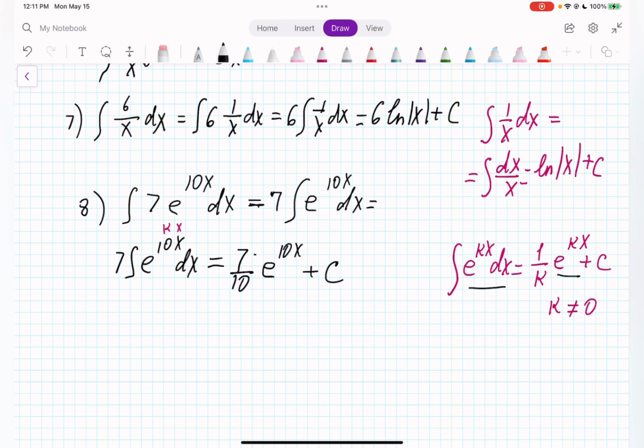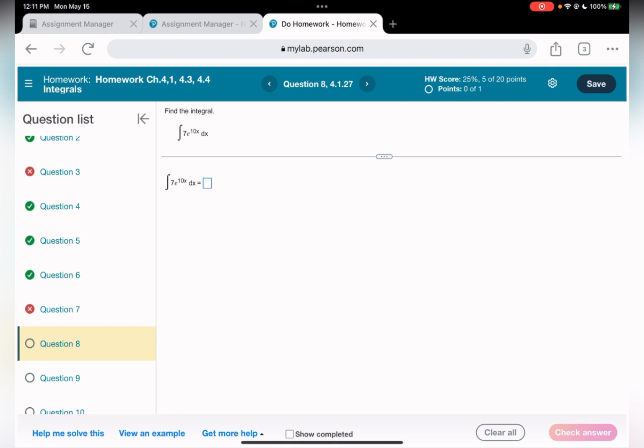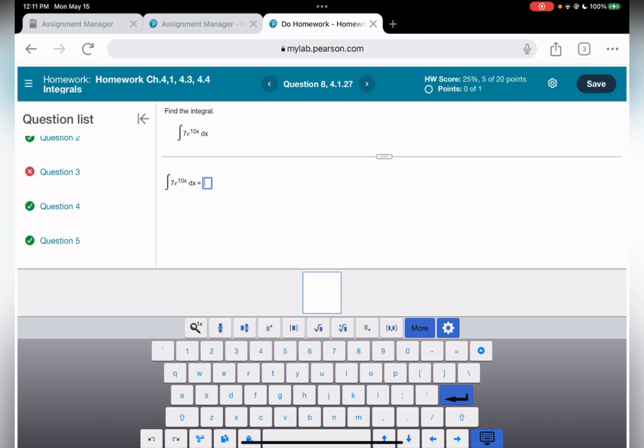Okay, let's place this answer here and see what we got. Let me take this. All right. And we are getting here 7 over 10. And if it would be up to me, I would put a 7 e to power 10x.